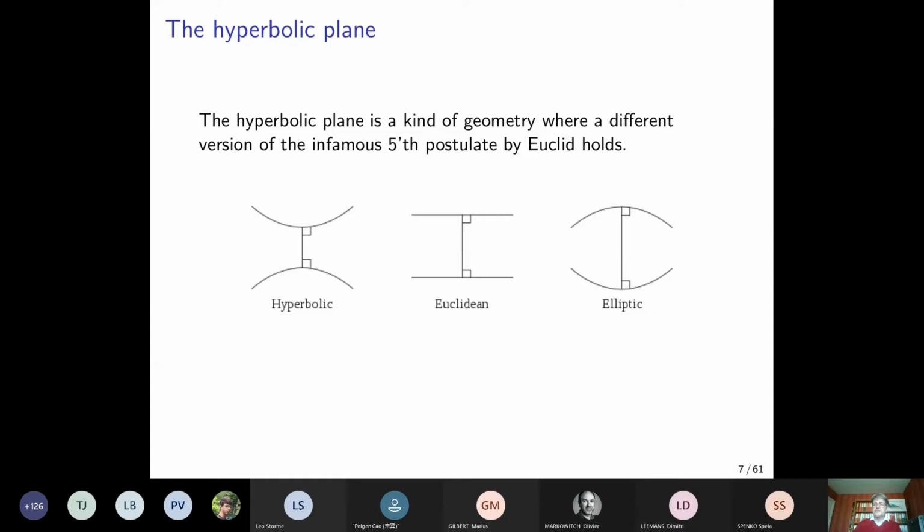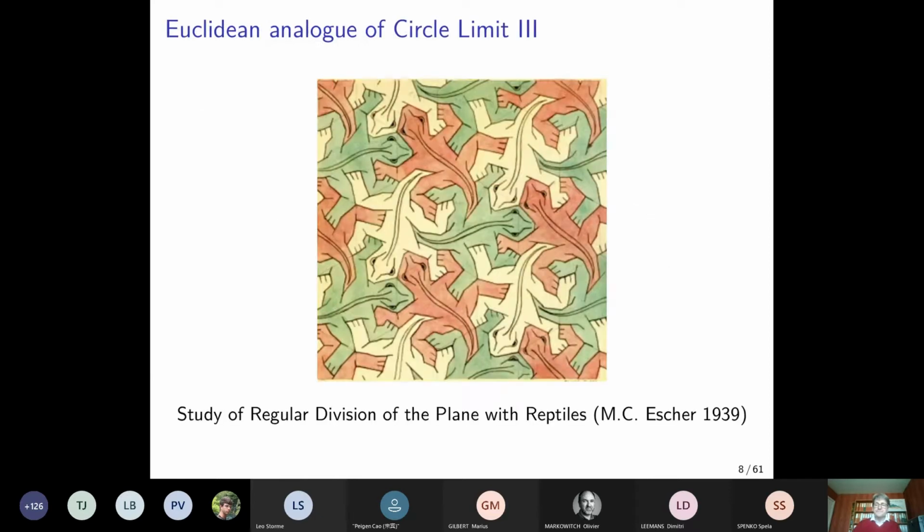Over the centuries, people unsuccessfully tried to prove this axiom from the other axioms. Ultimately, it became clear that this is not possible, and this led in the 19th century to the development of elliptic and hyperbolic geometry, in which the fifth postulate is replaced by a different axiom.